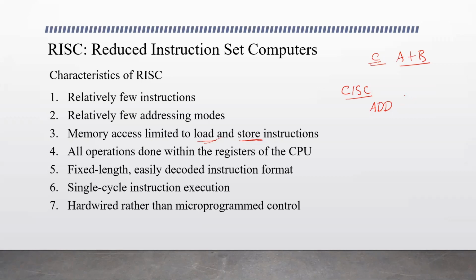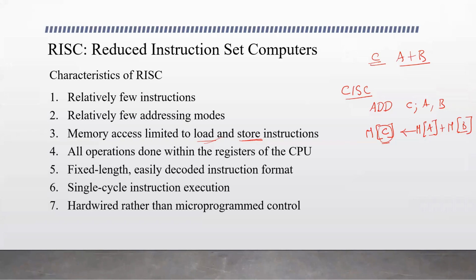So if 3 memory accesses are allowed in a CISC computer, we can write a single instruction, ADD C, A, B. The meaning of this instruction is memory operand A plus memory operand B. The memory word at location A and the memory word at location B are added and moved to the memory word at location C. So in memory at this particular location, we will have the result.